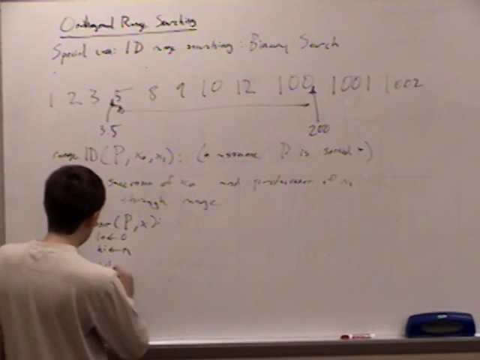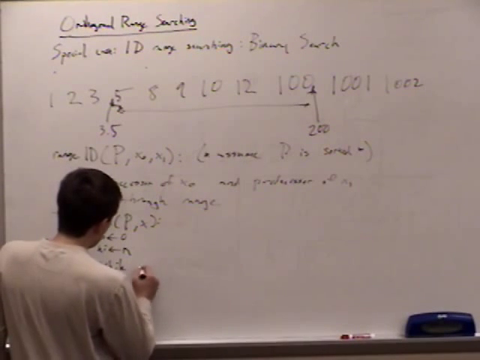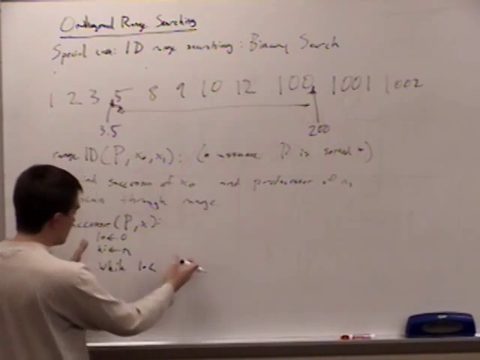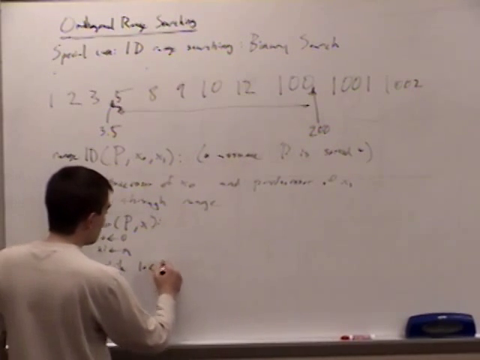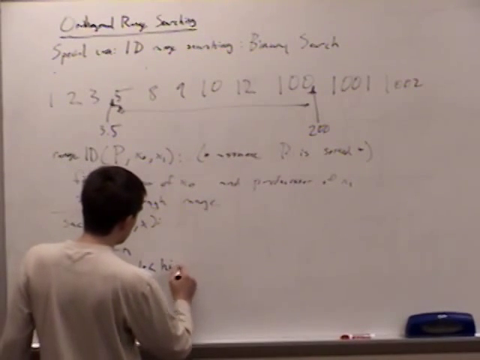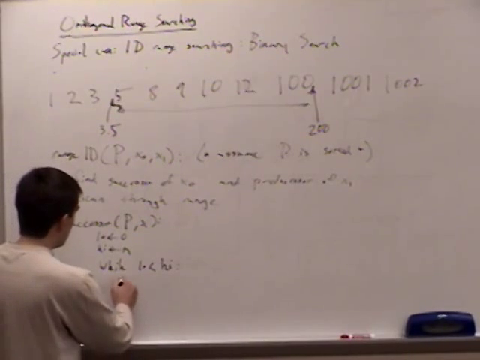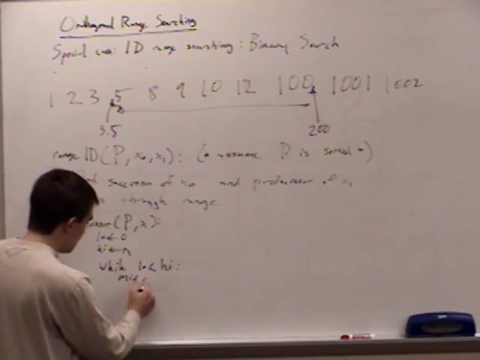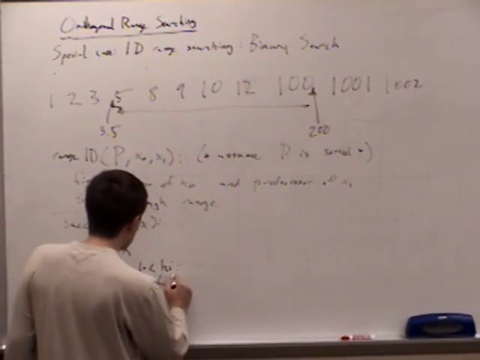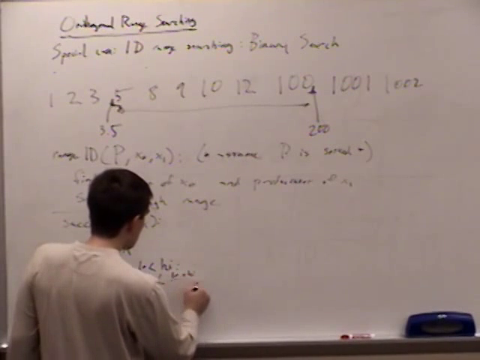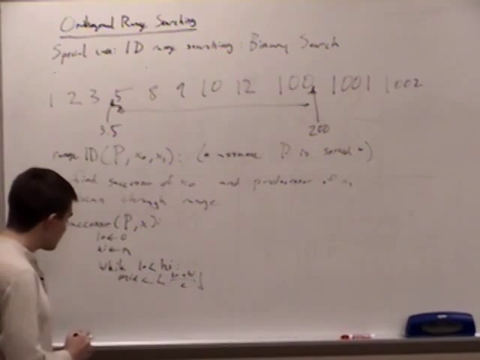And then we'll say, while this range between these two points is non-empty, so while the lower bound is less than the upper bound, we find the midpoint, which is just the floor of their average. So we cut halfway between them.